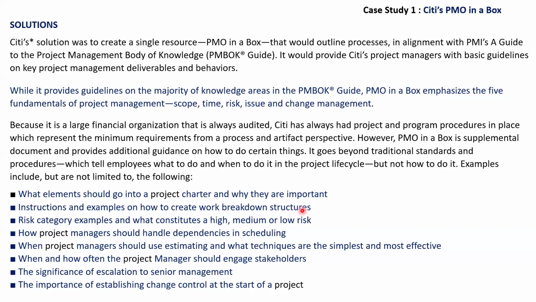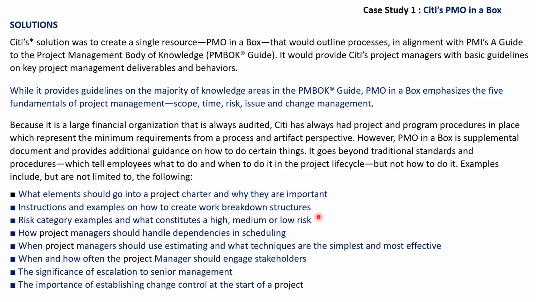So once they complete the project, if they record whatever lessons they learned, that is actually very helpful when they are developing this kind of manual, right? Then risk category examples and what constitutes high, medium, and low risk. That is a major issue that the project team has to face when implementing projects, especially in this kind of organization.